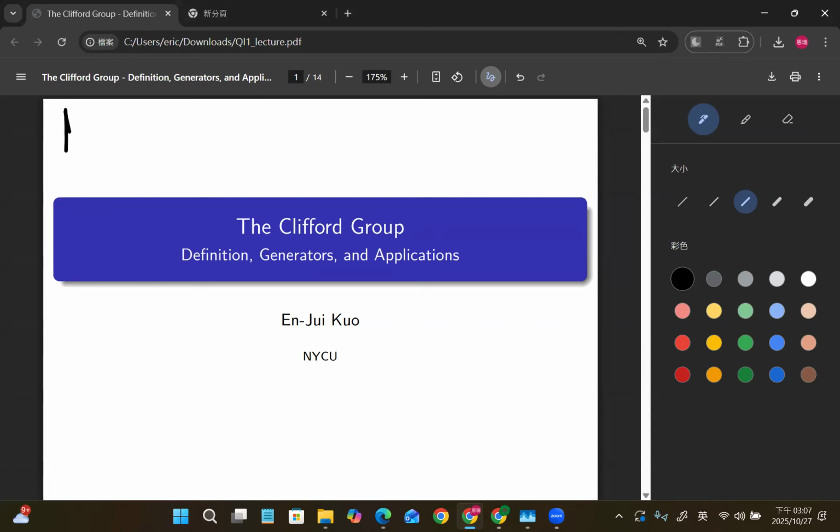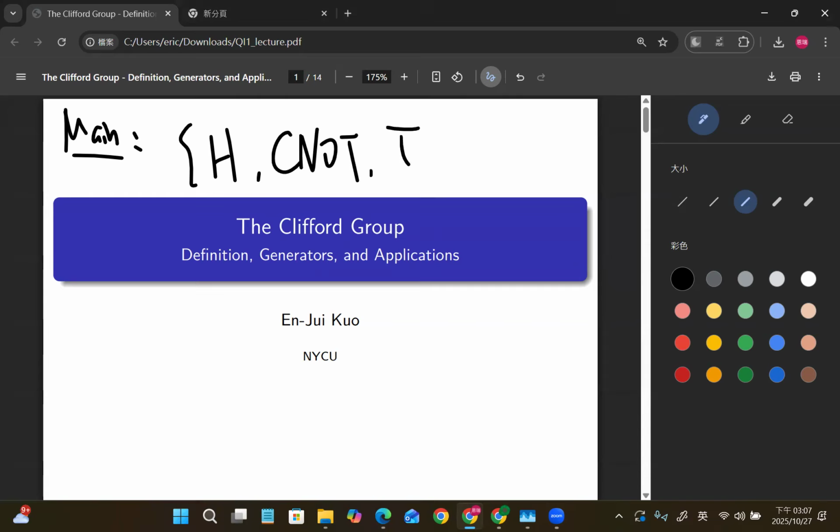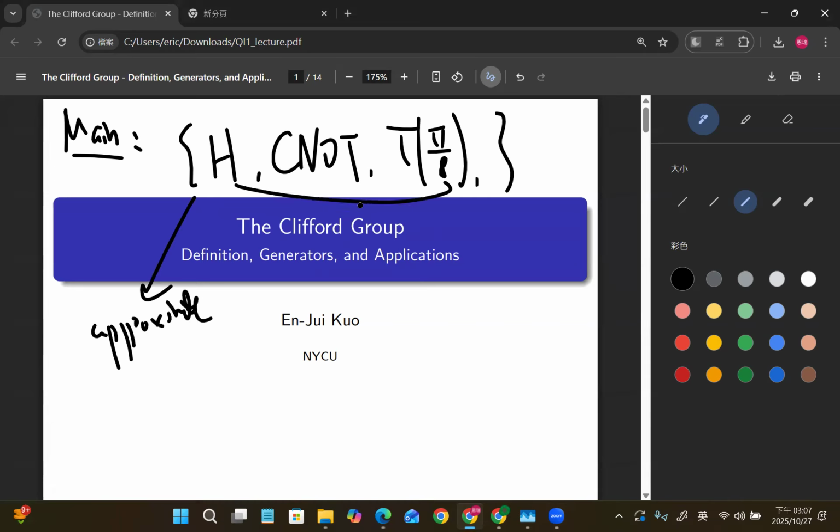Okay, so the main message for this topic is to ask: remember that we say Hadamard and the CNOT and the T, which is the pi over 8 gate. These are approximately universal. That means that any unitary can be reproduced arbitrarily close by the product of these three elements.